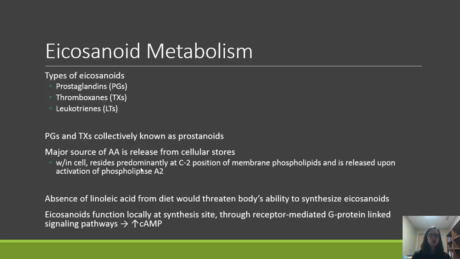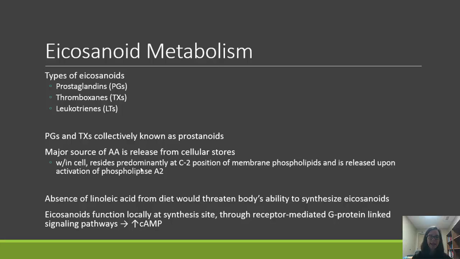Eicosanoids function locally at their site of synthesis, through a secondary messenger system of G protein linked signaling pathways, which activate our cAMP. So yet another process in which cAMP controls synthesis.